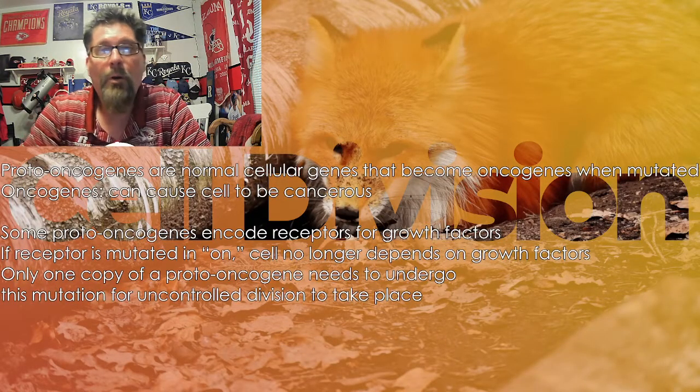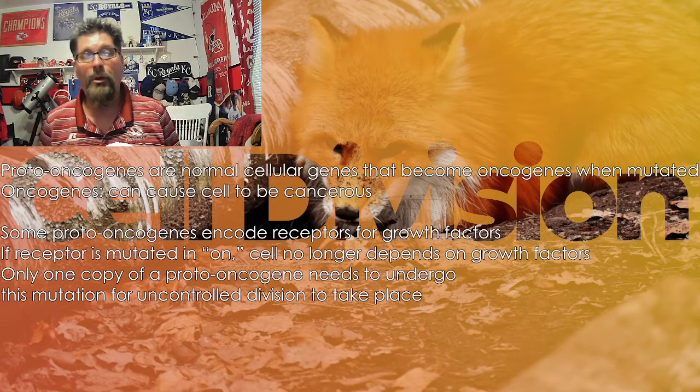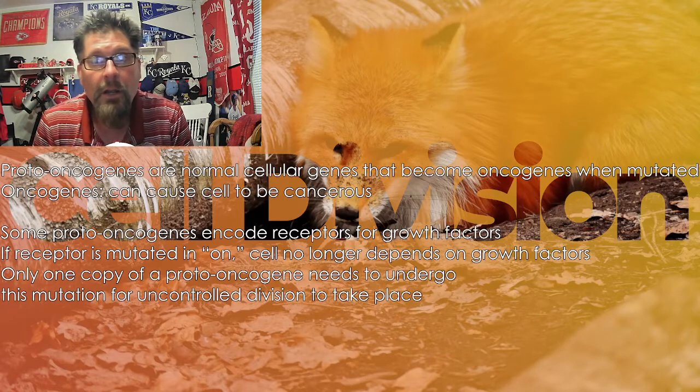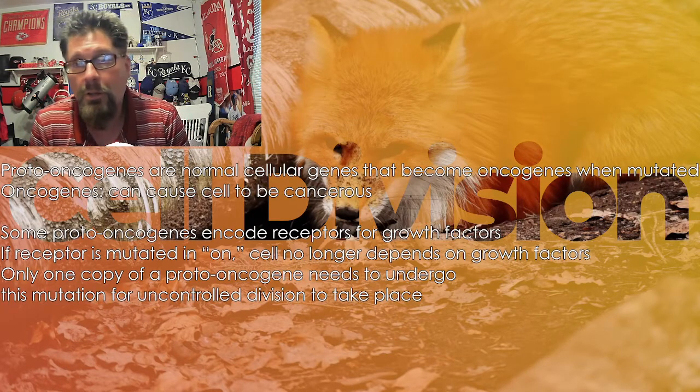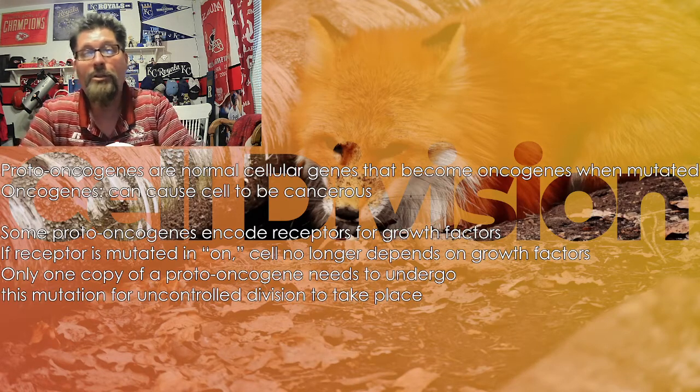So the proto-oncogenes, again, are normal genes that are trying to help prevent this or do the proper thing. But if they get mutated, then they become oncogenes, and they can become cancerous.